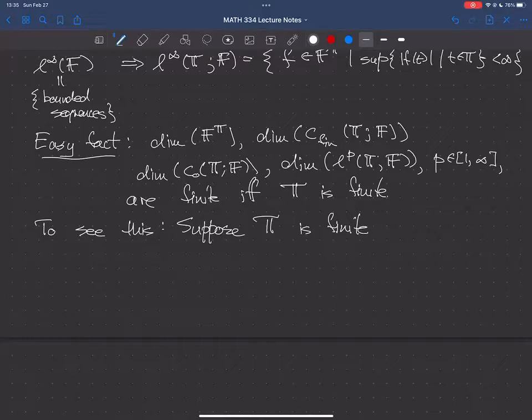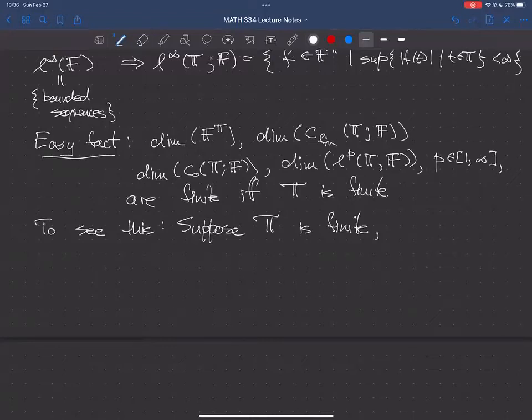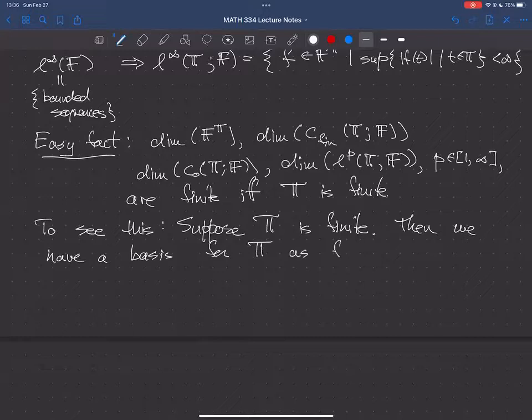So the first thing I notice here is that if T is finite, then we have, and I'm going to sketch this by drawing pictures, a basis for T as follows.